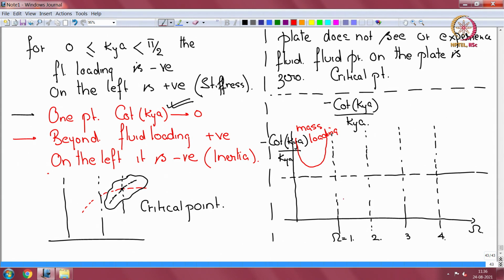But just beyond, it starts to behave as stiffness, becomes very light, somewhere here there is a crossover, and at value of pi, omega equal to pi, this thing blows up, and this region is mass loading again.